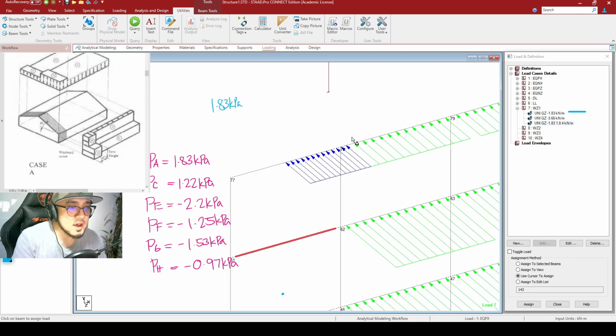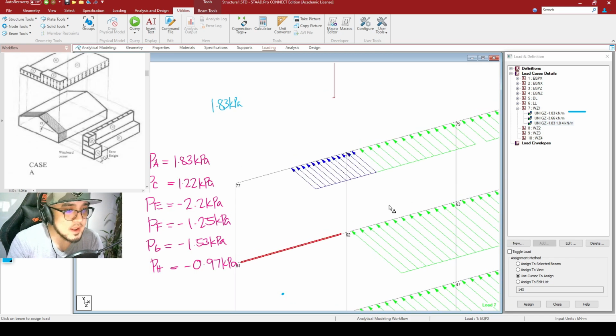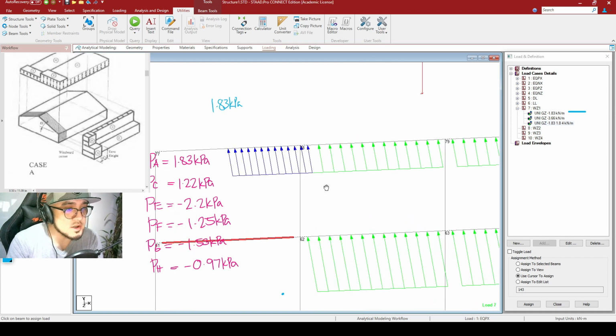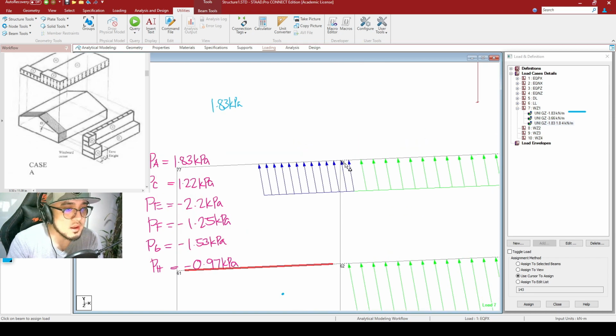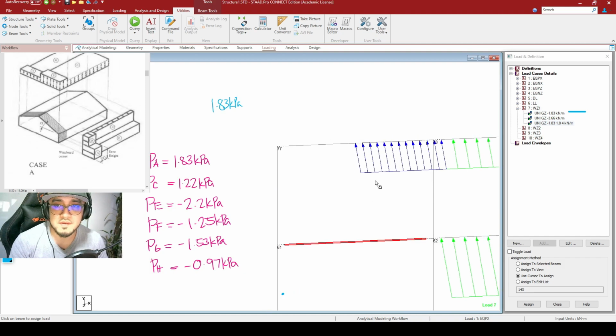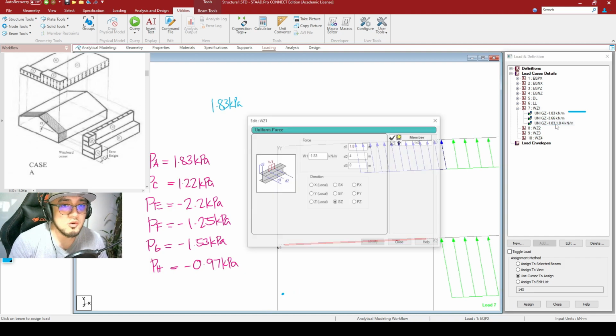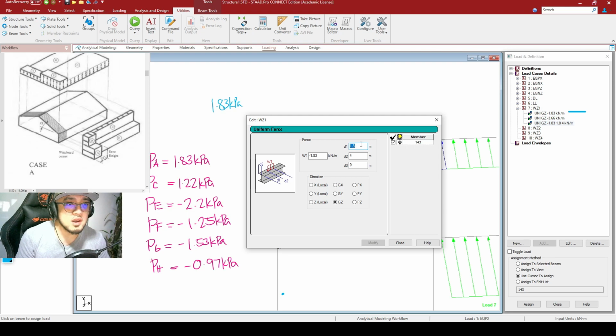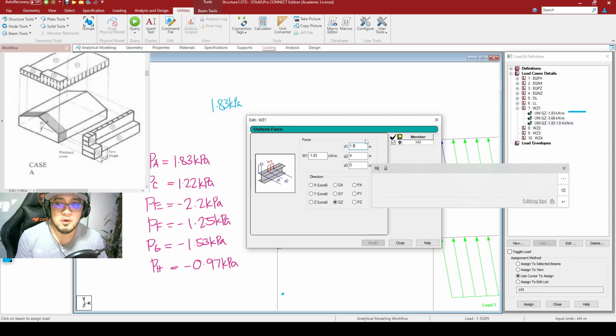But if you can see, guys, we have an error here, since it should end at this particular node right here. So it should be ending here and not here. Our error was brought about by the offset, because if you would be going back here, this D1 right here is in reference with the starting point of your beam.